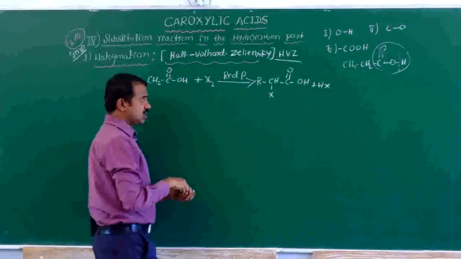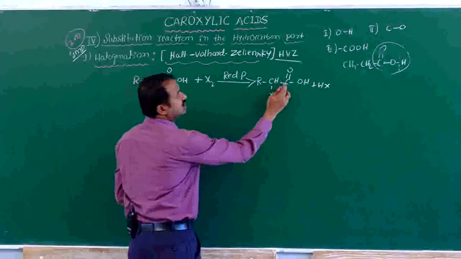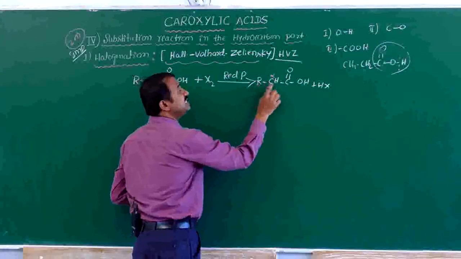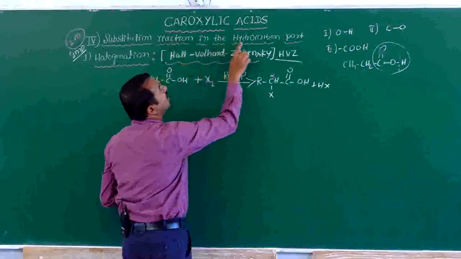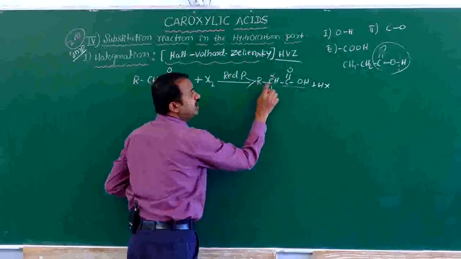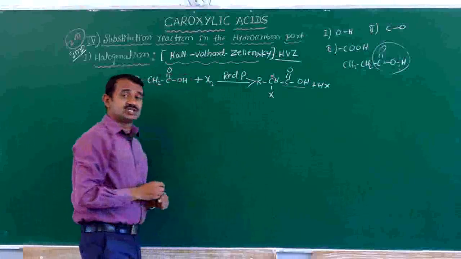This reaction is called HVZ reaction. This is a carbonyl compound. This is the alpha position. It means it only affects the hydrocarbon part. It does not affect the carboxylic group. It affects the hydrocarbon, that is called HVZ reaction.